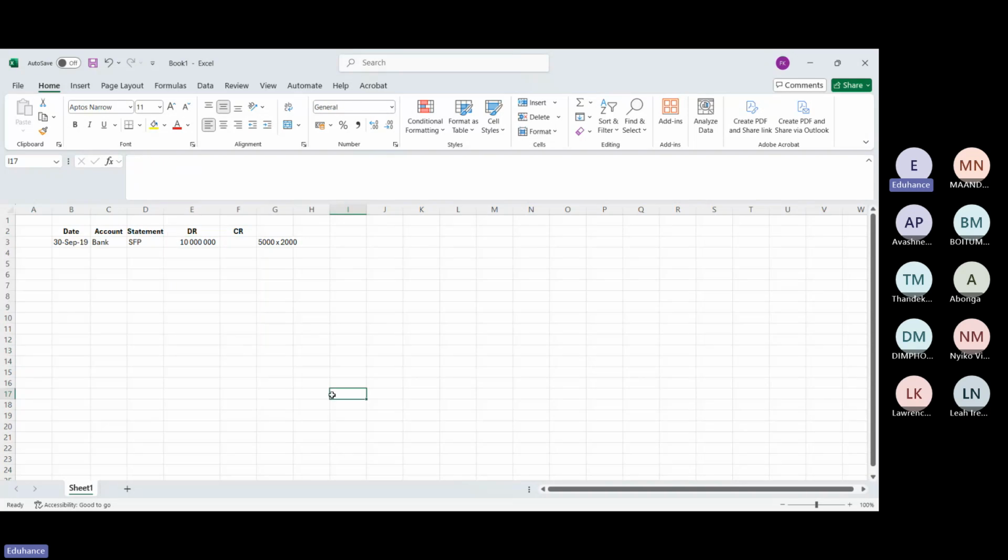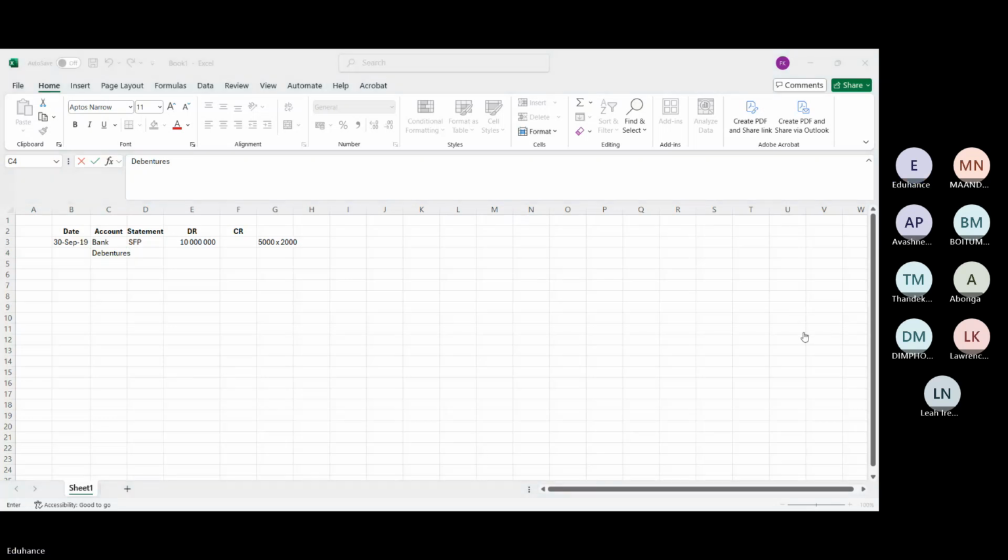10 million rand. Now, if this was not a convertible instrument, we'd have said credit debentures 10 million. But in this case, it is a convertible instrument, so we'll have two parts, an equity component and a liability component. So here we will have debentures, and this is the liability component.